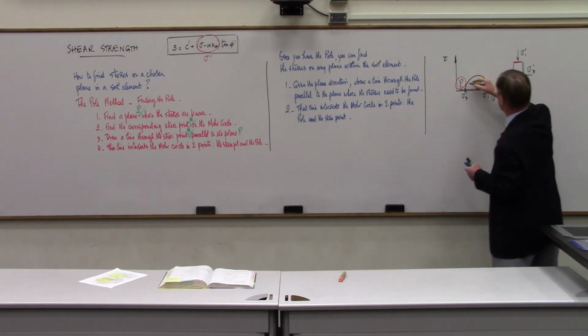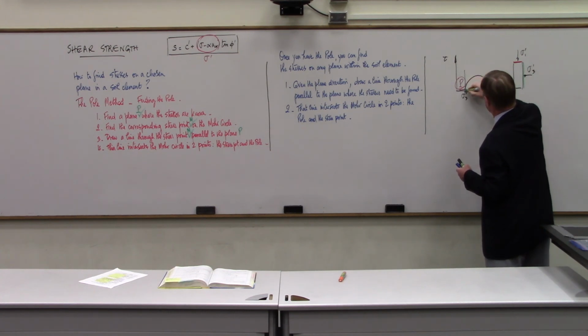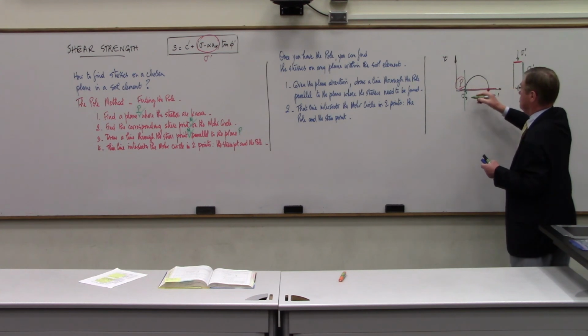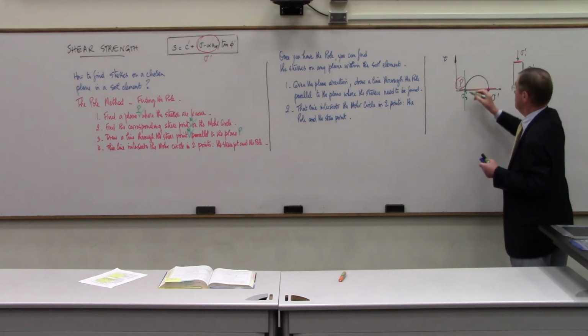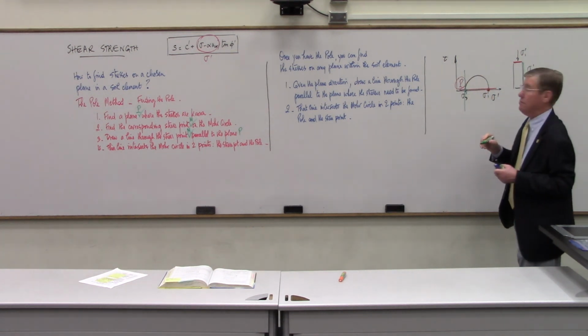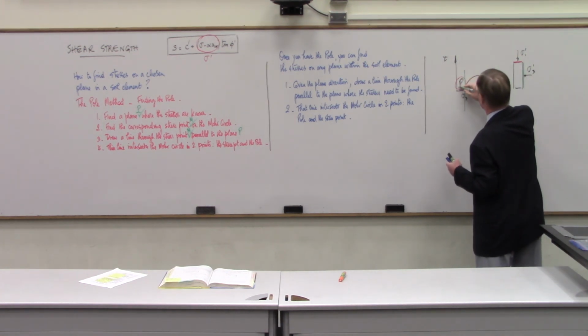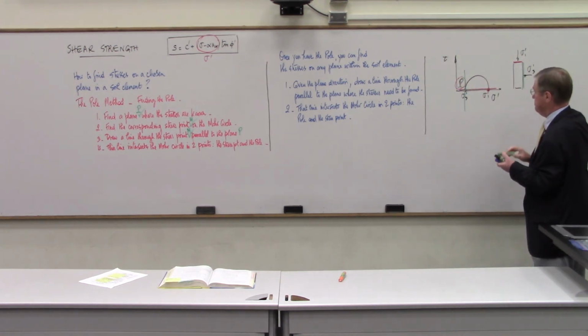The plane is vertical, so I draw a vertical line. That vertical line intersects the circle in 2 points, the stress point and the pole. But because it's tangent, those 2 points are the same. And so again, I confirm that the pole is right here.